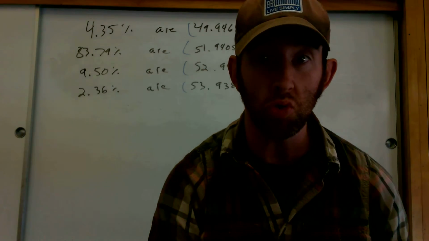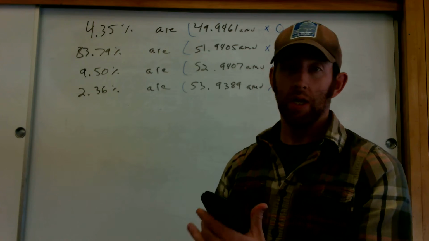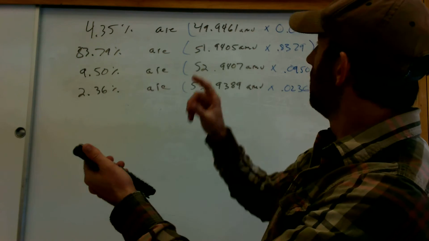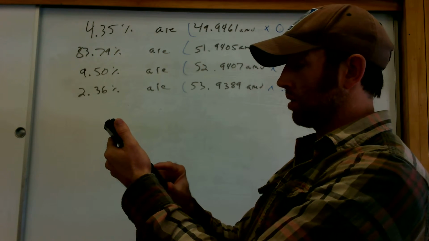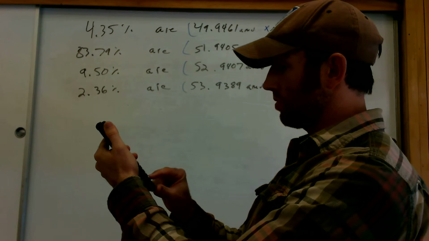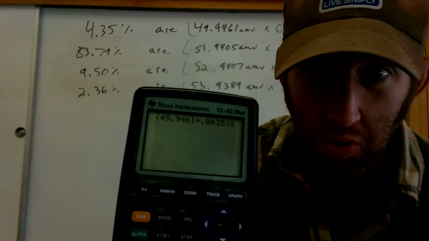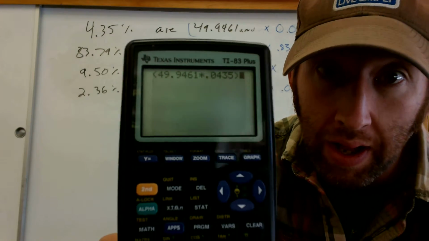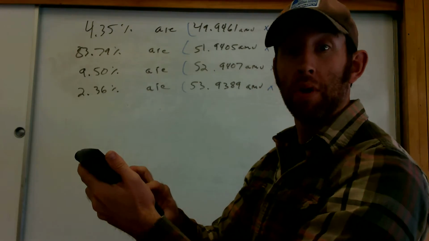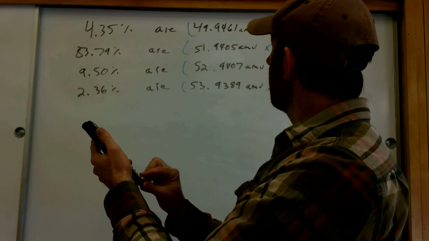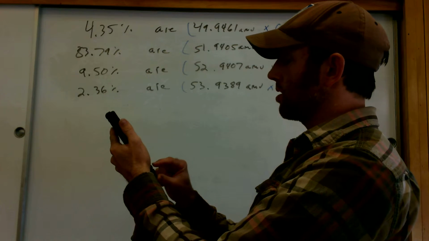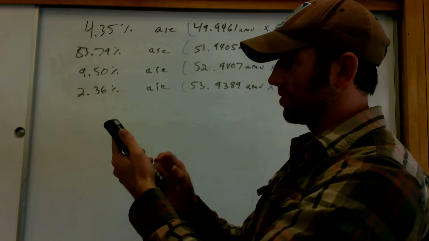All right. And what you can do on your calculator is use the parentheses function. So you go parentheses 49.9461 times 0.0435 parentheses. So it'll look like that. Then I'm going to go plus parentheses 51.9405 times 0.8379 parentheses.